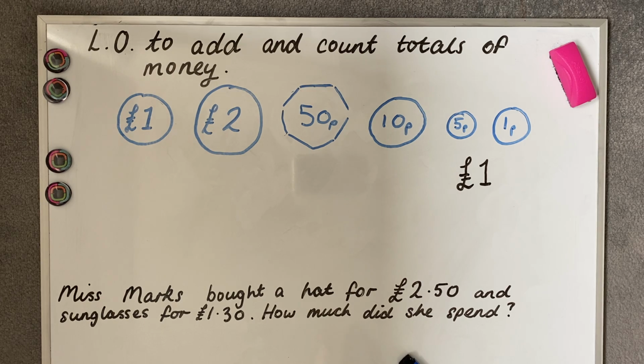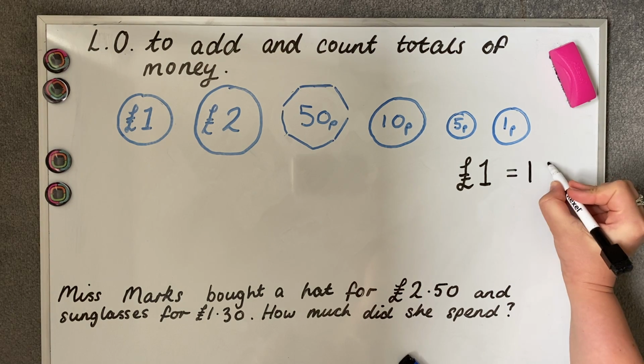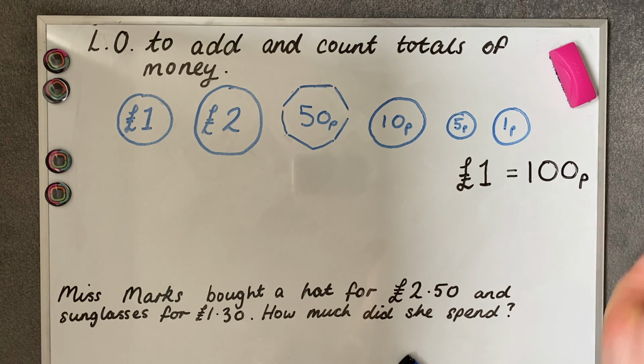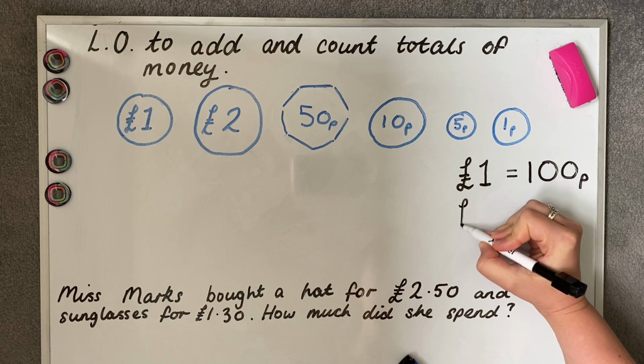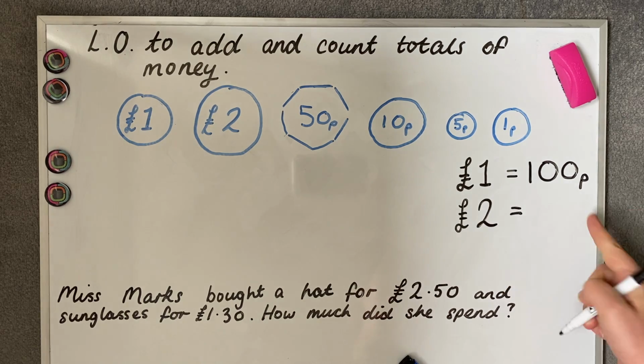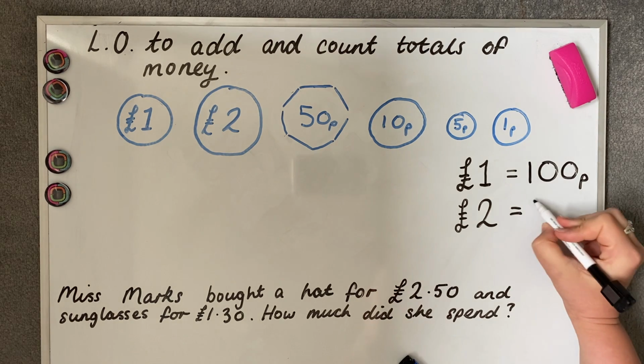That's right, £1 equals 100 pennies. What do you think then about £2? How many pennies, or p, have we got in £2? That's right, 200.